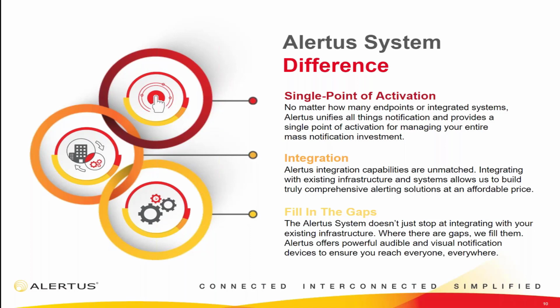Knowing that they have the confidence to push one button and reach as many endpoints as possible within seconds is our key concern, and that's what we look to put into place. Second, we're always looking to integrate with as many existing assets as possible. We don't want to recreate the wheel or have you put in a brand new system to notify everyone if we have infrastructure and assets that we can utilize from the get-go. So we're always looking to integrate.